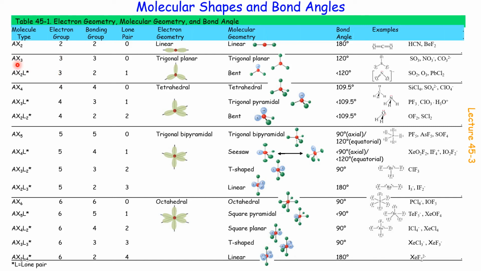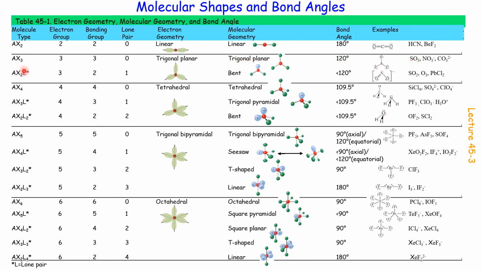The first one is AX3, 1 central atom, 3 surrounding atoms. Therefore, the bonding group of electrons is 3, non-bonding or lone pair is 0. The electron geometry is trigonal planar, and then the molecular geometry is also trigonal planar. The bond angle is 120 degrees, and those are the examples.